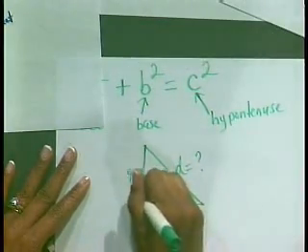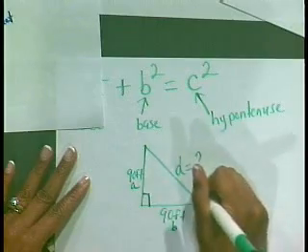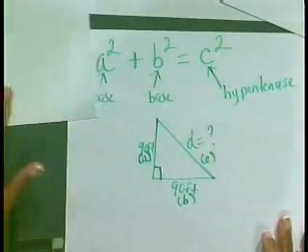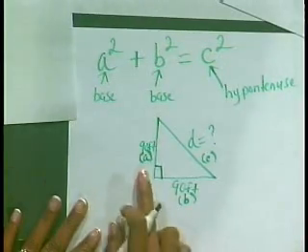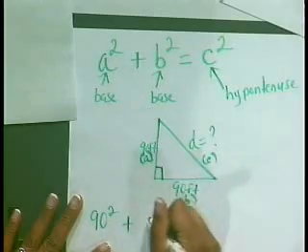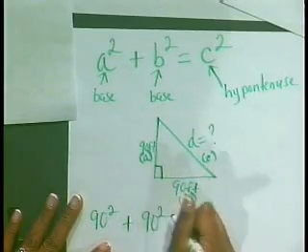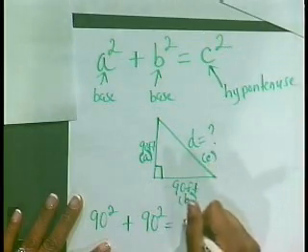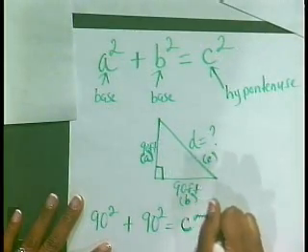Okay, so this would be A, this would be B, and this is actually C. Okay, so I'm just going to substitute in what I know. I know that A is 90 feet, so I'm going to say 90 squared plus 90 squared is equal to, do I know what C is yet? No, I don't. So I'm going to say C squared.